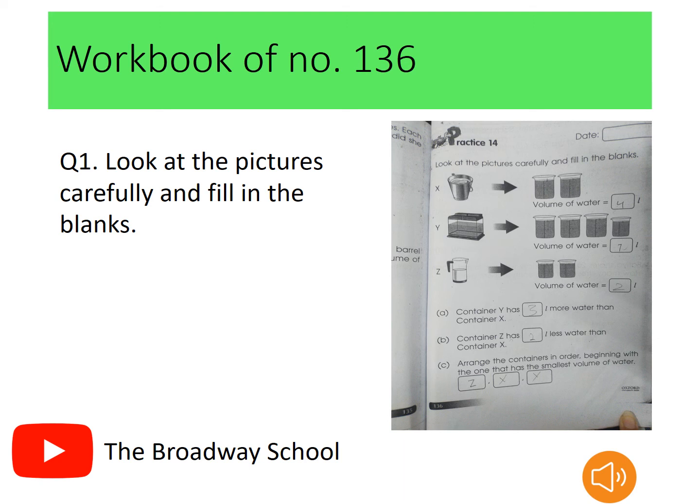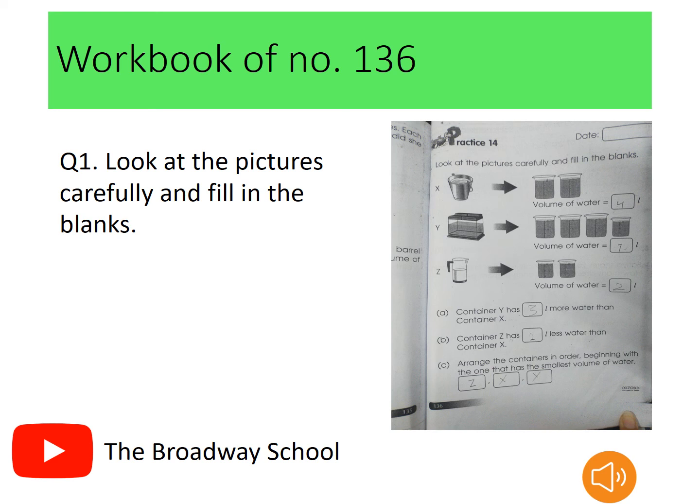Picture Z, jug. There is a picture of jug, and there are 2 tanks. Their volume of water is 1 liter in each container, and when we are going to add them, it will be 2 liters.